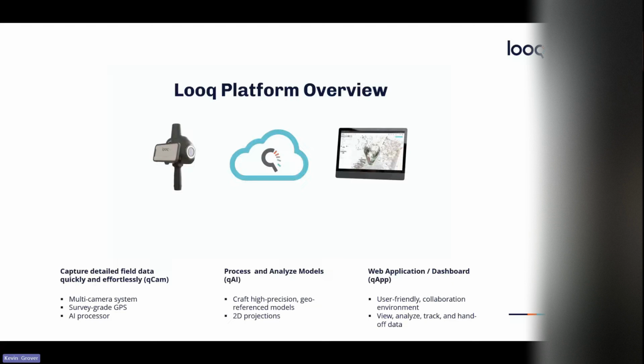We do get into our QAI, which is our processing solution, and that gets into how we are able to generate the georeferenced high resolution models and the 2D and 3D data products you can export. QApp is our web application, which is needed because we are cloud-based for all of our processing. It allows you to view, share, analyze, and work with the data within our web application.